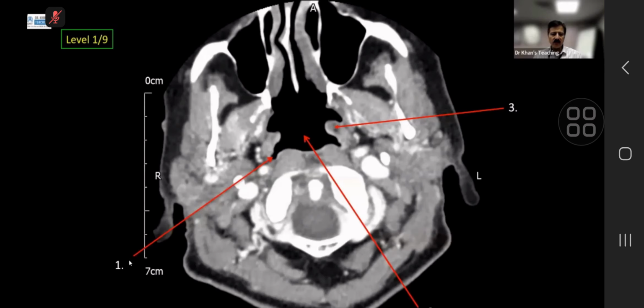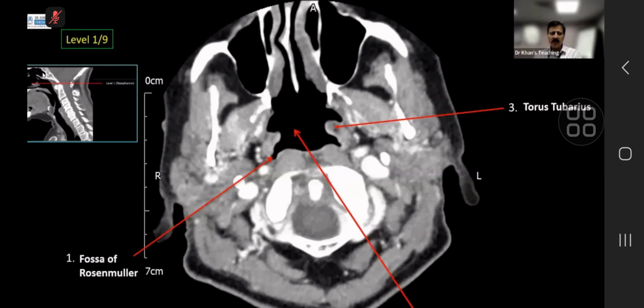Number 1, please. So it is open for everybody. I hope that the chat is working. Yeah, very good. Number 2, this airway. Very good. Number 3. Excellent. So these are the answers, and this is the level. This is the cartilaginous portion of the eustachian tube.